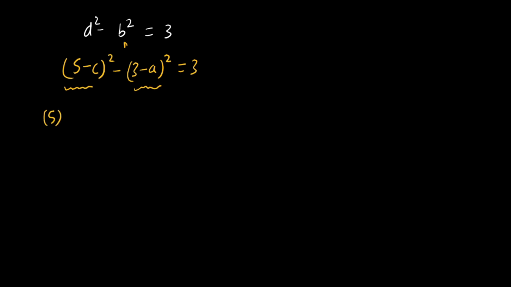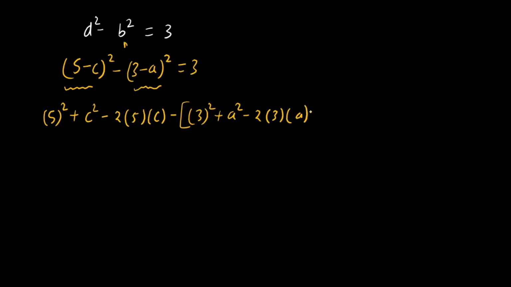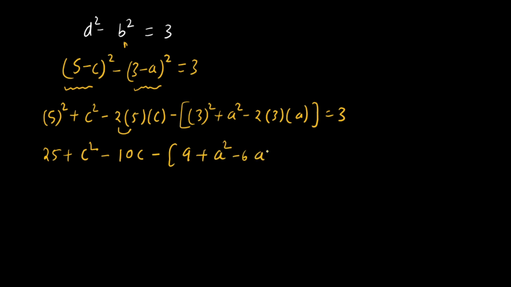Then 5 square plus c square minus 2 times 5 times c, minus 3 square plus a square minus 2 times 3 times a, equals 3. 5 square is 25, plus c square minus 10 times c, minus 9 minus a square plus 6 times a, equals 3.